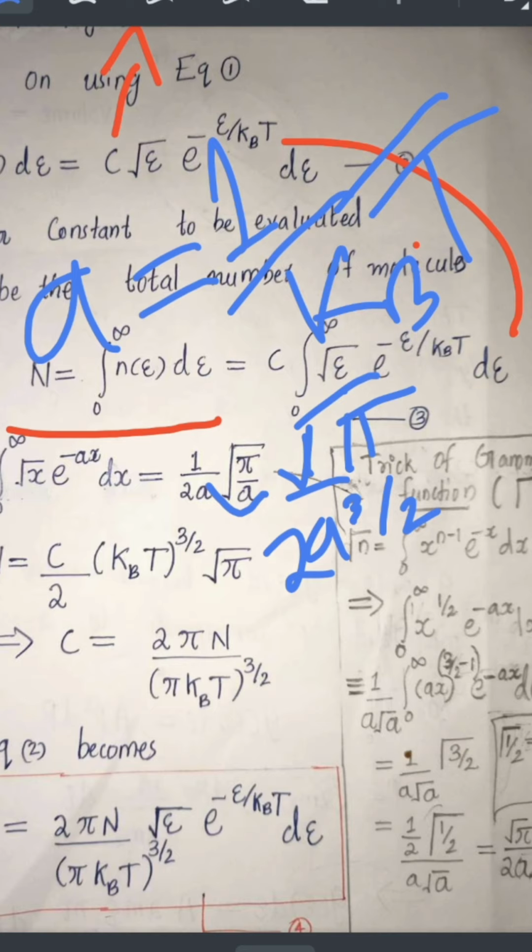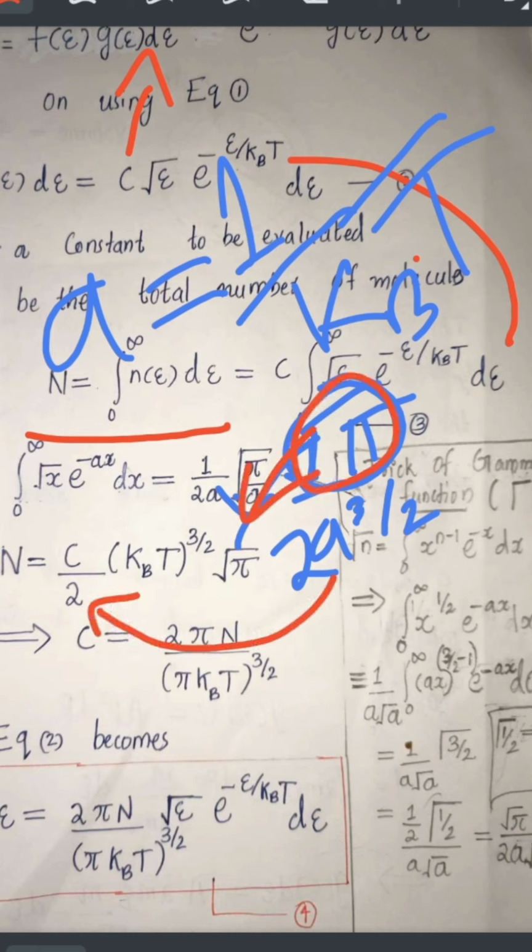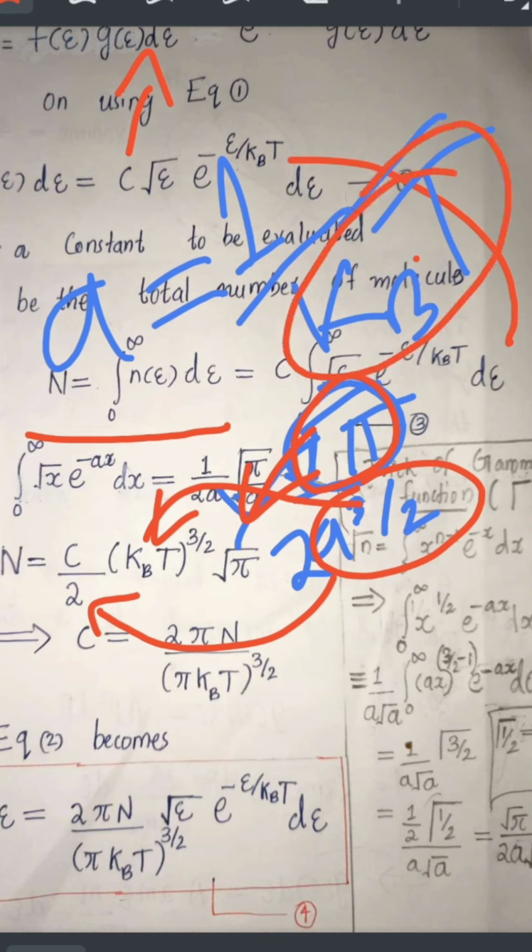So that integral becomes c over 2 kbt to the power 3 by 2 root pi. This is root pi, and this 2 is here, and this a to the power 3 by 2, here it is kbt, it is in the numerator, because a is equal to 1 by kbt and this kbt is in the denominator. So in total this kbt comes in the numerator.